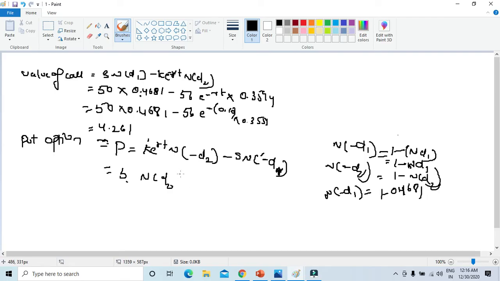So here, what's the formula for this? N(-d1), as I said, is equal to 1 minus N(d1).